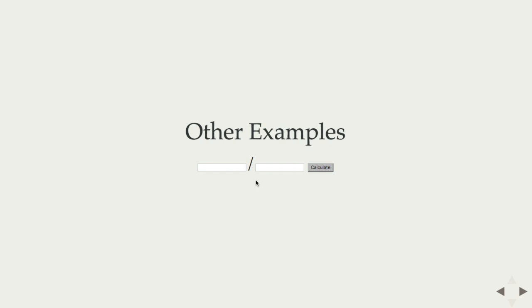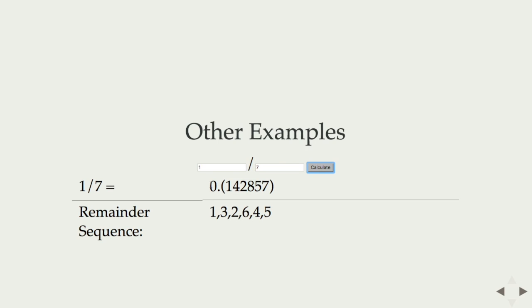One example, again, I'm going to use my small program, but this time I'm going to print out the remainder in each step. For example, let's go 1 over 7 again. It's going to give us the value, but I also print out the corresponding remainders here. This is the remainder values.